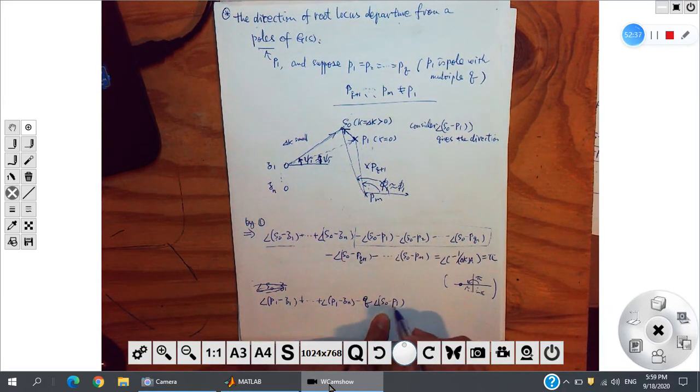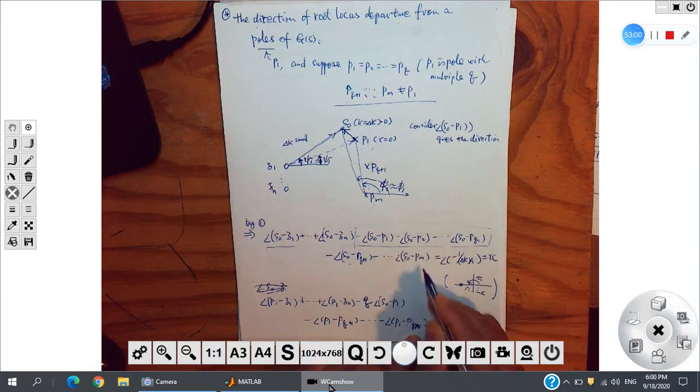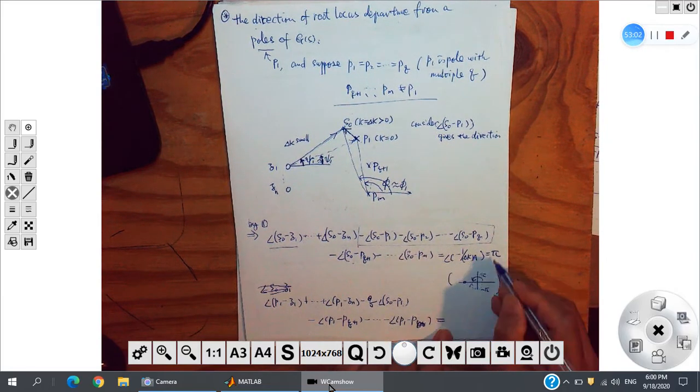I need to keep this, and then minus all the rest. They are the angles of P1 minus PQ plus 1, minus P1 minus PQ plus 1 PM. That's why PM equal to this side is pi.